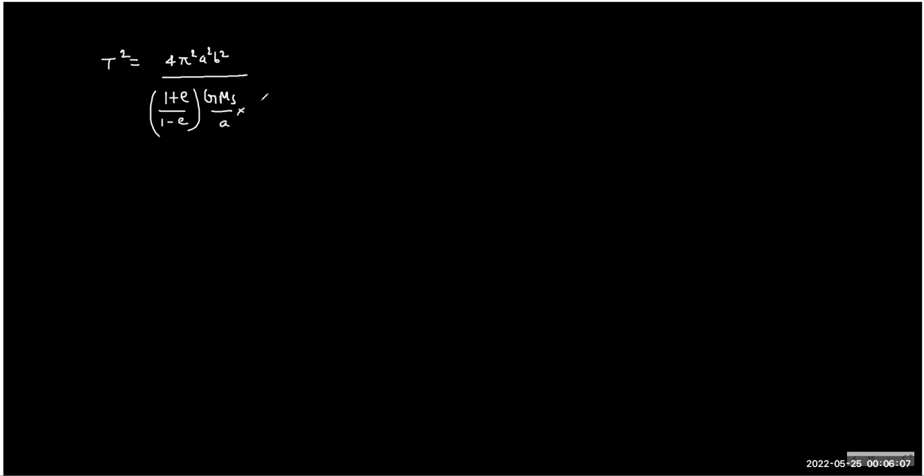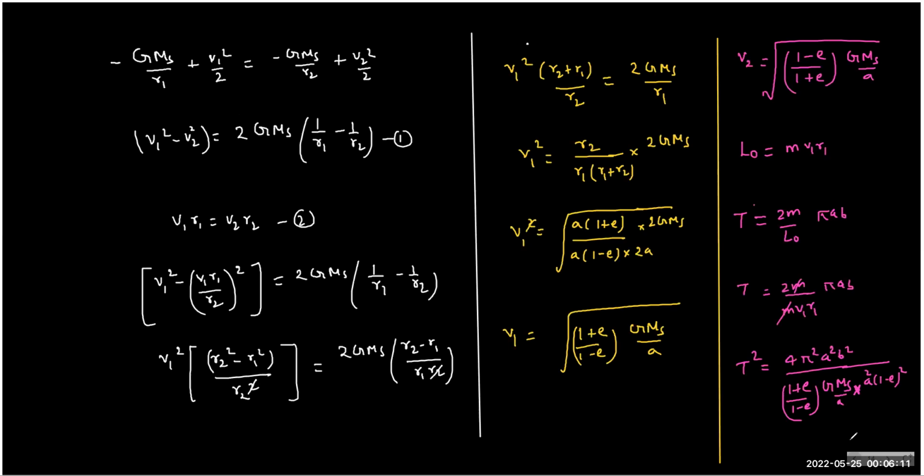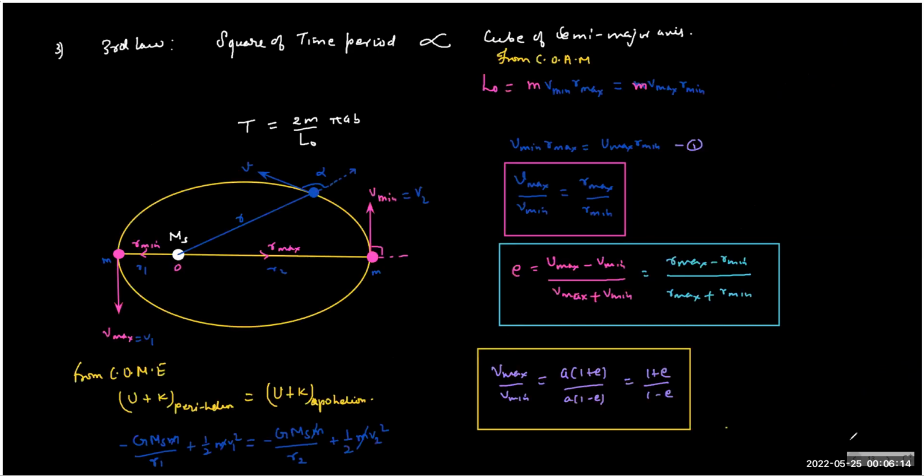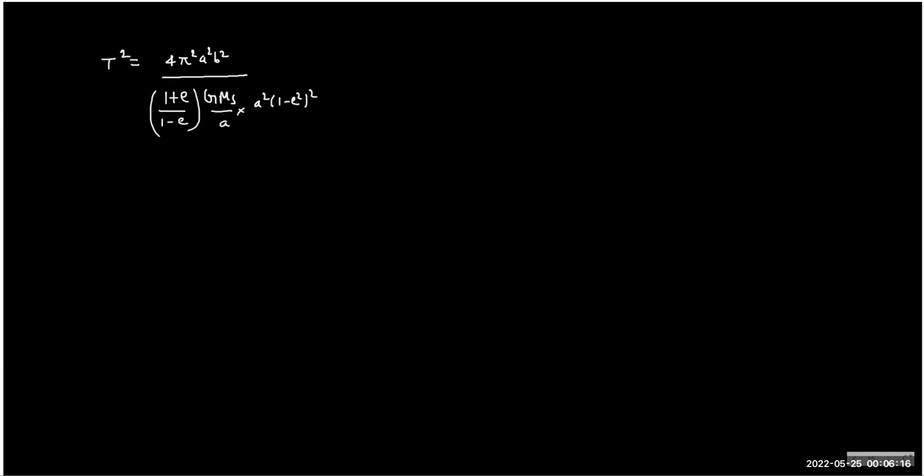So it is A square. Okay, like this. And now what you can do, you can substitute B actually. And B square is A square.